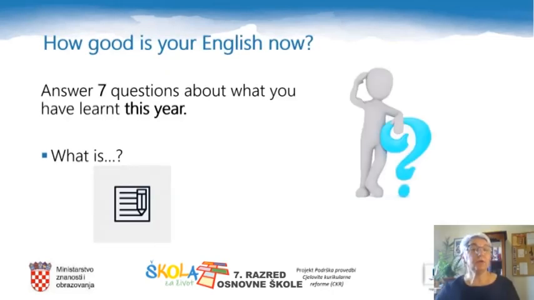It's the end of this school year, and the end of a school year is a perfect time to stop and think about how much you have improved your English in one school year.